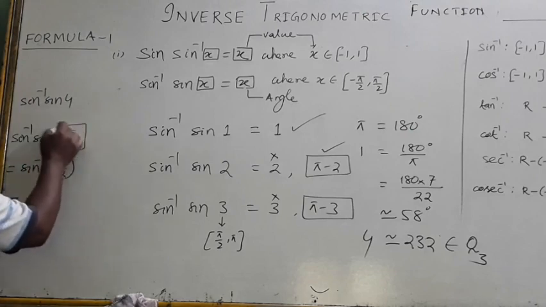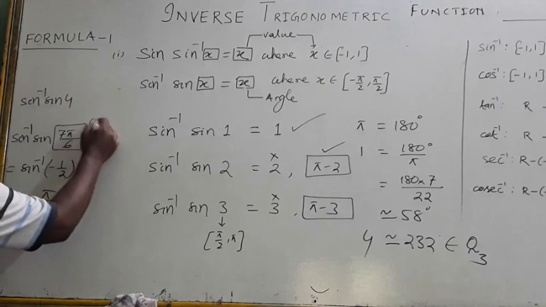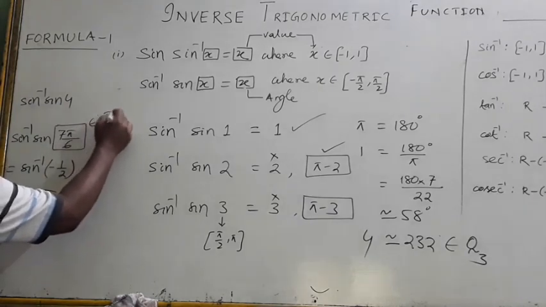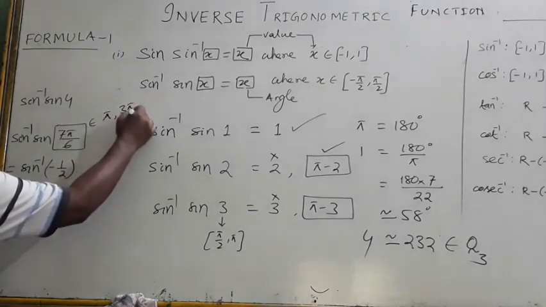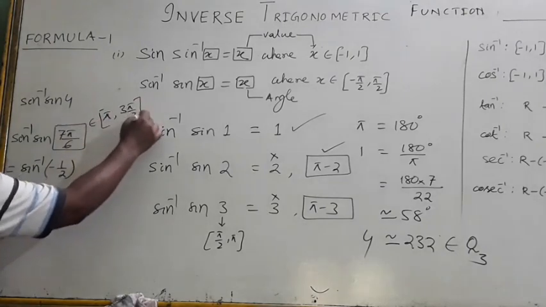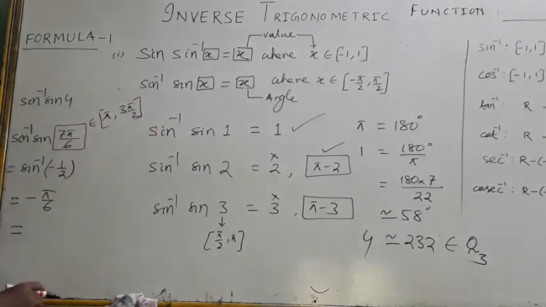If this lies between pi to 3 pi by 2, then the answer is what? Pi minus 7 pi by 6. Is it not minus pi by 6?